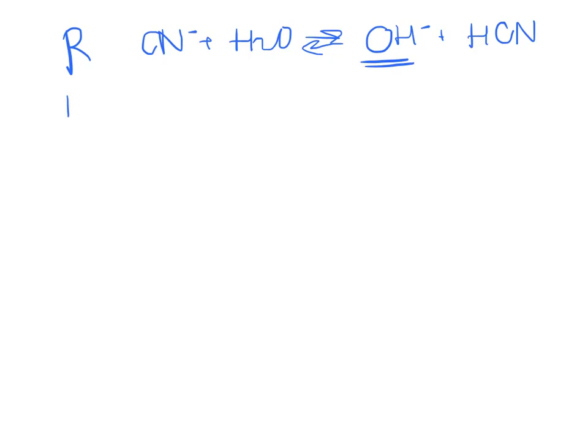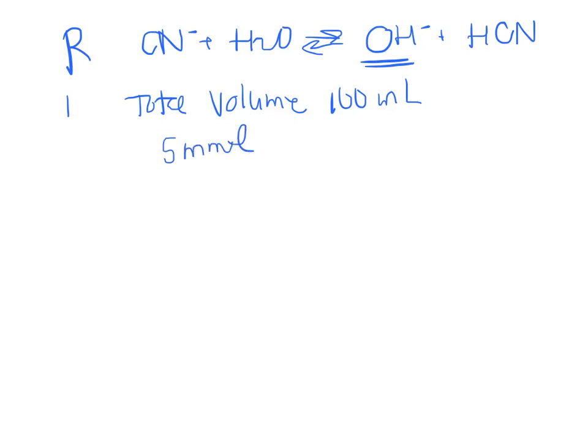Okay. Now, remember that my total volume of the solution was 100 mils. Okay? And our moles of acid equals moles of base equals moles of salt, so we had 5 millimoles. So if we have 5 millimoles divided by my total volume, which is 100 milliliters, I have 0.05 as my molarity for my salt.